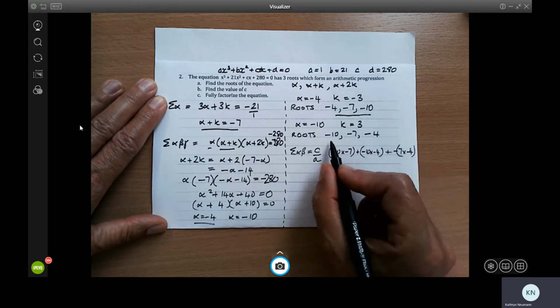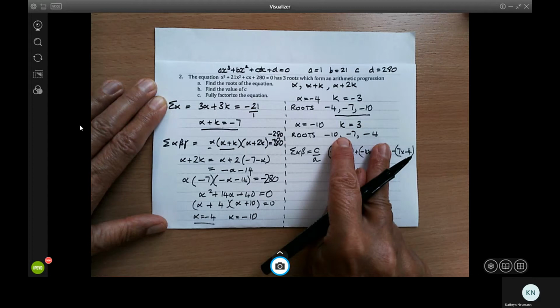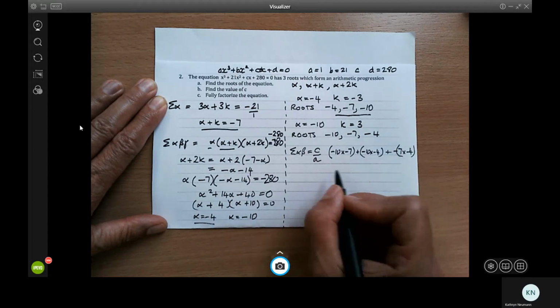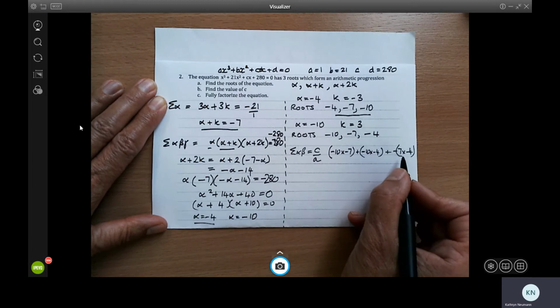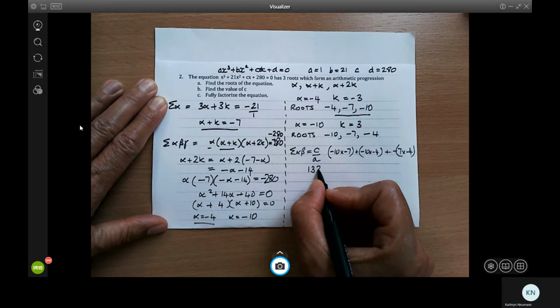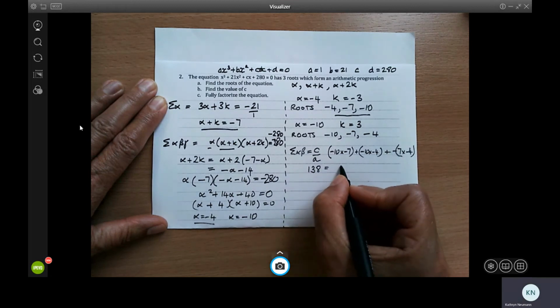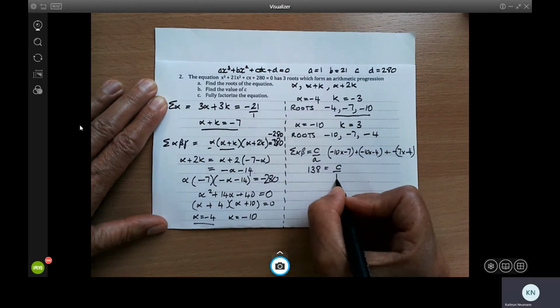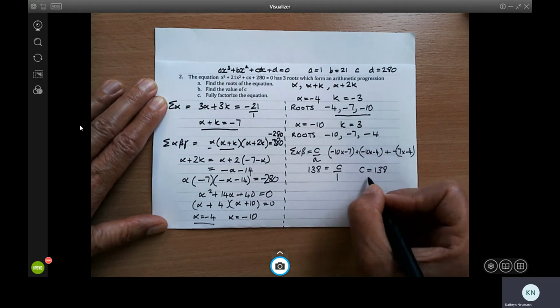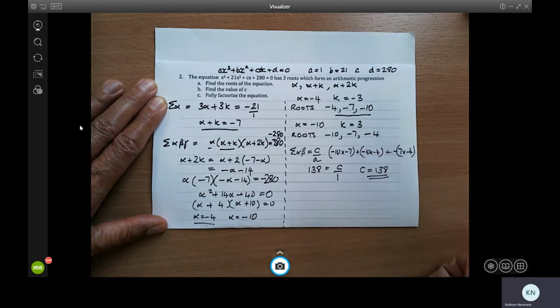So that's taking each pair of roots. When you work it out, that is going to be 138. And that's equal to c over 1, because a is 1. So c is 138.